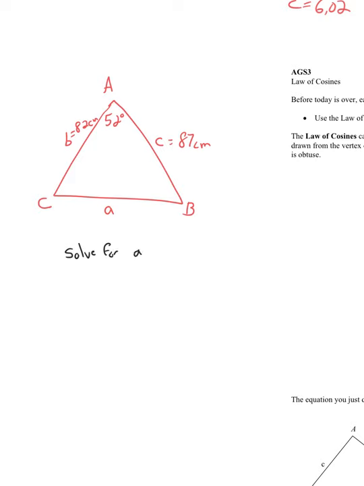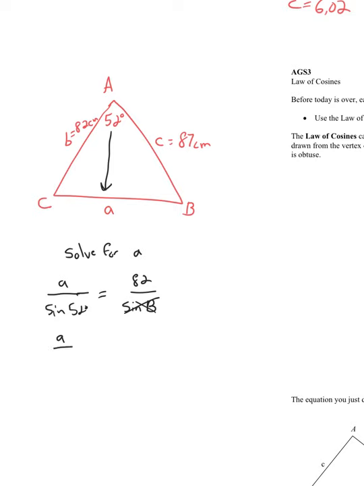for side a. Well, we'd say, okay, let's do law of sines. a over the sine of 52 degrees equals, let's do b, 82 over sine of B. Well, that's not going to work because I don't have an angle B yet.